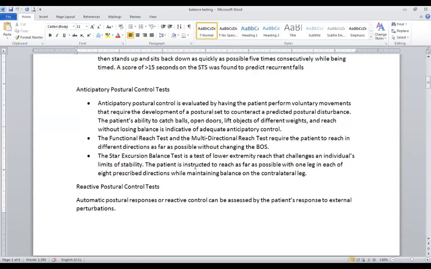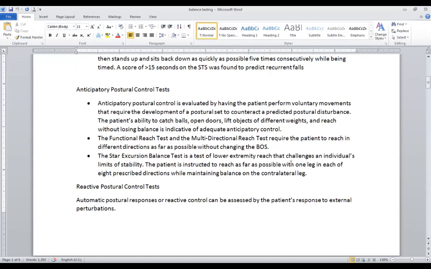If they are able to perform without losing the balance, then that means they have the anticipatory posture control. If they are not able to perform, that means they don't have. Okay, so we can also do this with another test that is called the functional reach test. And this functional reach test can be done in a single direction or in multiple directions.